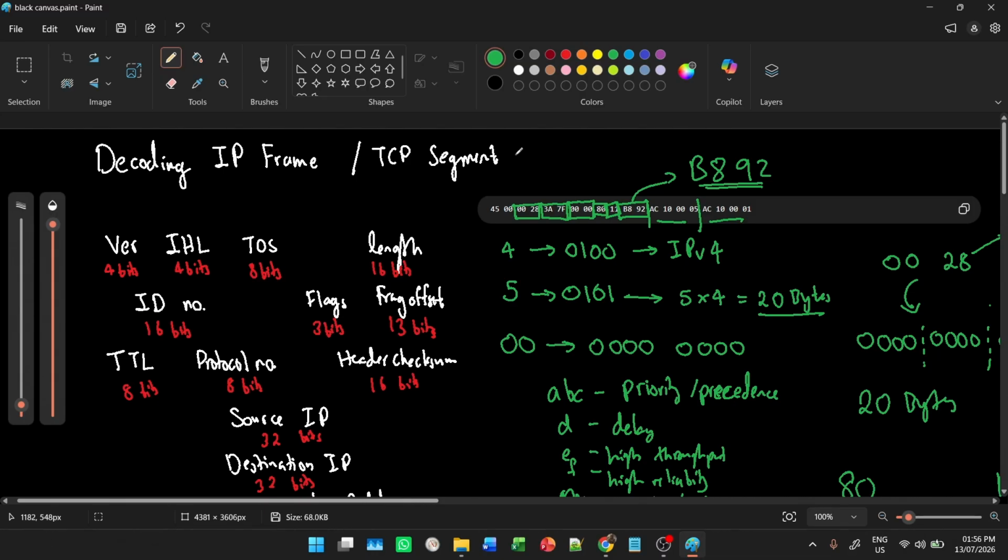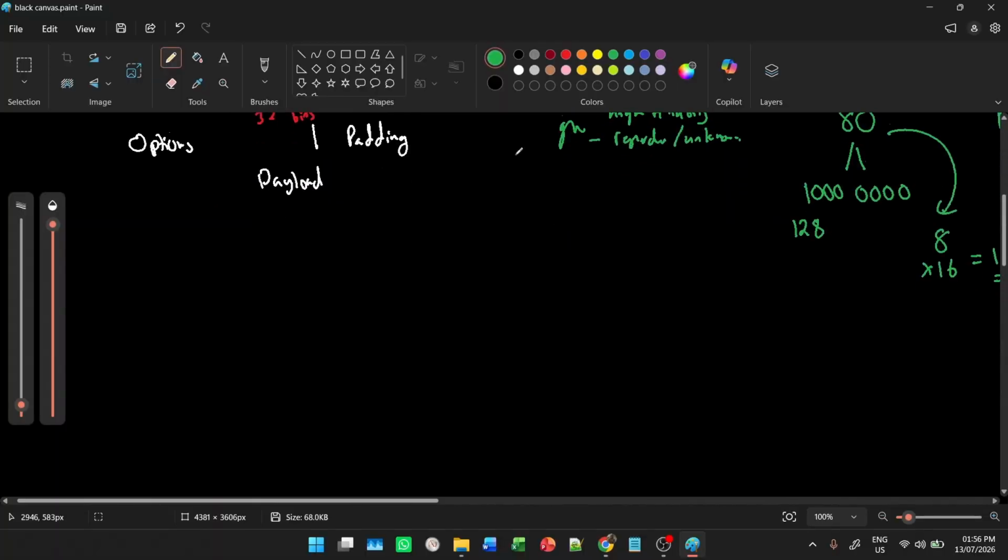When it comes to the source IP address, it's AC100005. I want you to know something: do not convert this completely. Each of these pairs is for each octet, right? So A is 10, C is 12.